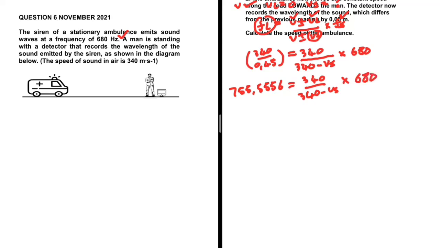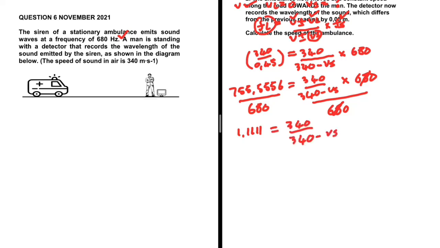Now I can divide both sides by 680, so 680 and 680 cancel out. On the left-hand side, I'm left with 1.1111 equals 340 divided by (340 minus VS).